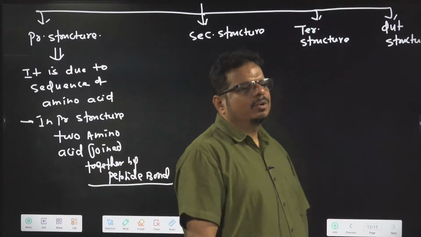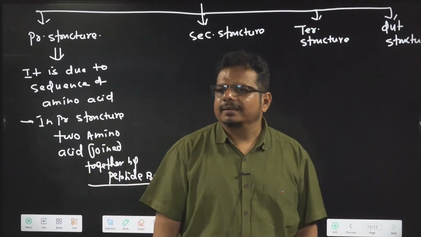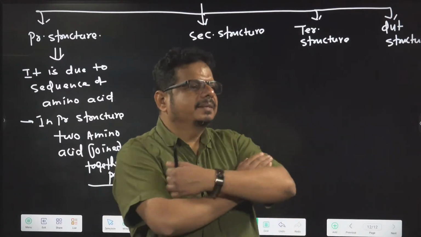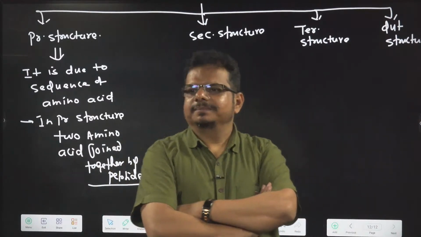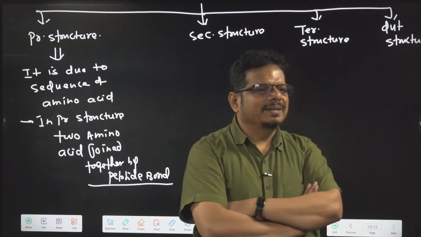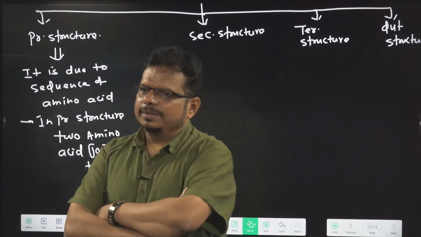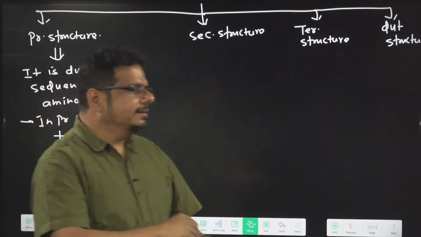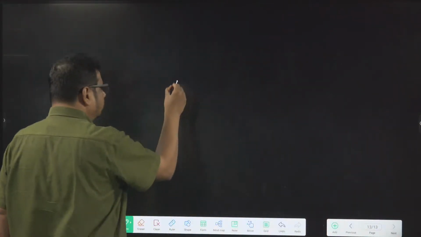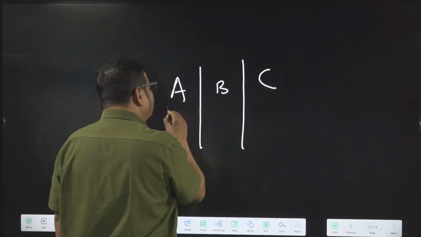I am asking a small question. How many letters are there in the English alphabet? Tell me. 26 letters. Very good. Now suppose that you have gone through 3 novels: A novel, B novel, C novel.